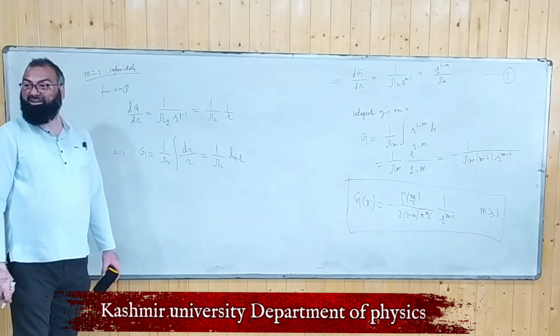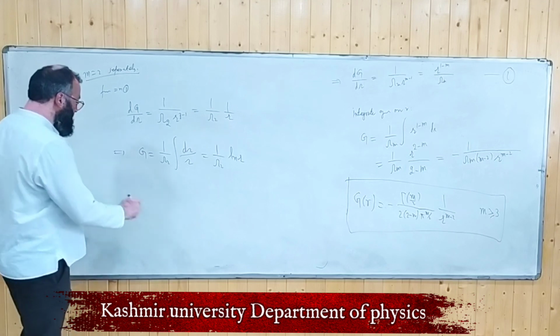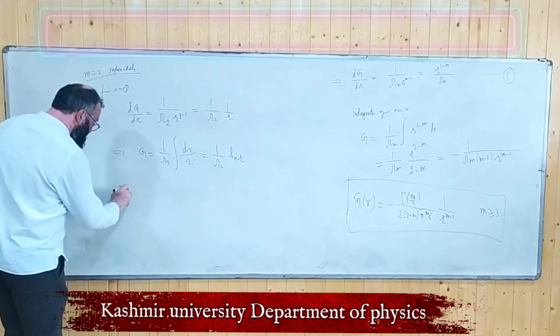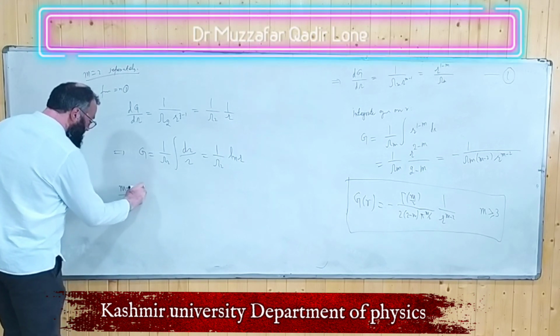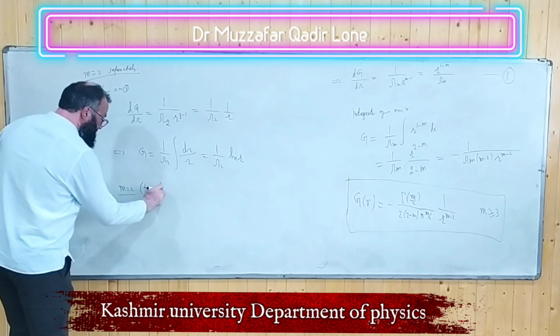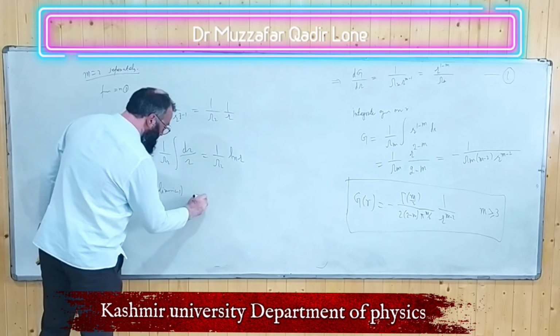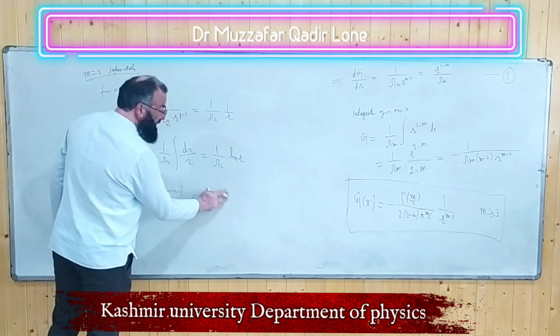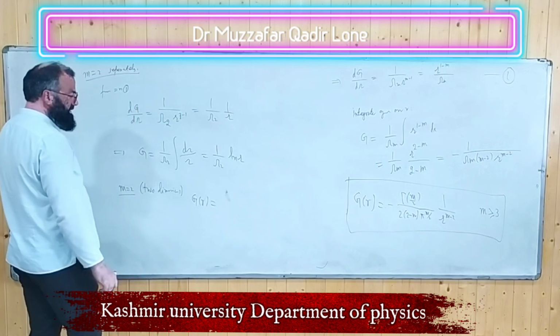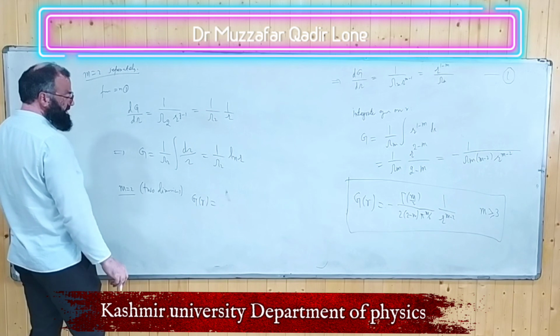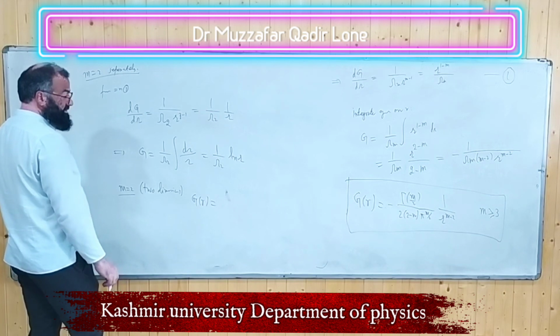Clear? So in other words, for m equal to 2, in 2 dimensions, your Green's function is simply equal to what? What is omega 2? That's actually 2 pi. It should be 1 by 2 pi something.